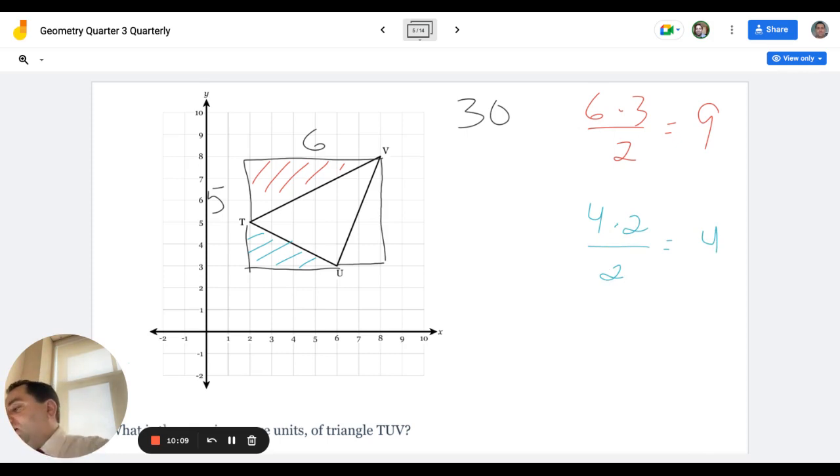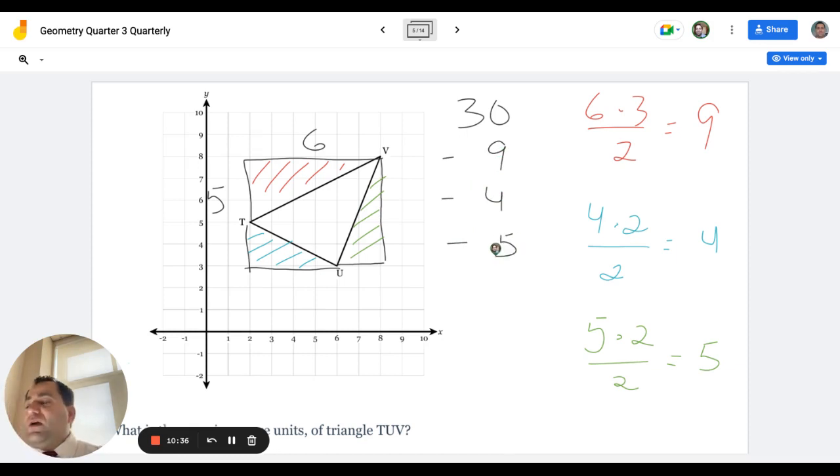And then lastly, let's look at our third triangle here. And that is 2 by 1, 2, 3, 4, 5. So we got 5 times 2 divided by 2. That's 10 divided by 2, which is 5. And then to finish our area problem, we have to do 30 minus 9 minus 4 minus 5.